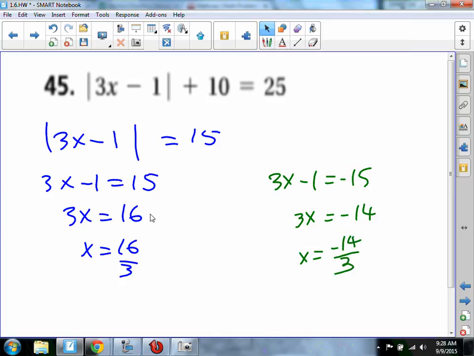Yes, question. So the question is about 16 divided by 3. 16 thirds is an improper fraction. It's fine. In varsity math, you could make this 5.3 repeating. That's okay.